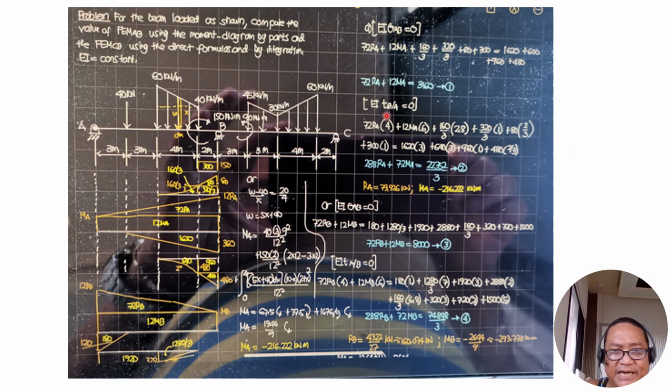Then apply EI delta of B relative to A equals 0. These are the areas. We just apply the moment arm. So 72 RA times 4 plus 12 MA times 6 plus 160 over 3 times 2.8, because this is supposedly third degree, so 4/5 of 4 is 0.8, 0.8 plus 2, so that's why we have 2.8 here.